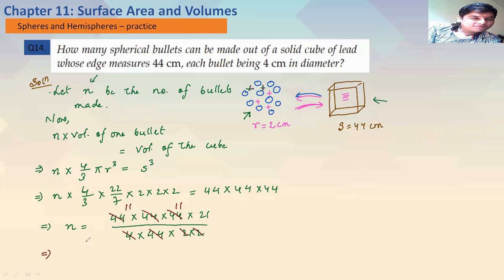So you have 11 into 11 into 21. That's 121 multiplied by 21. Come on, find it out. 2541.